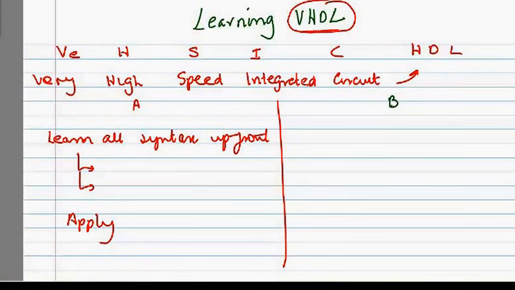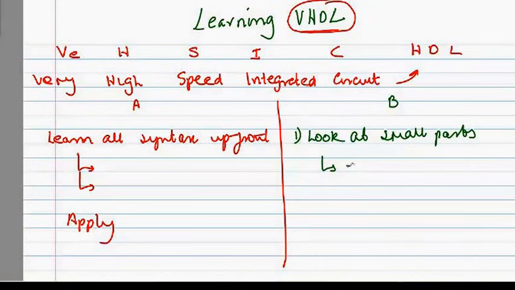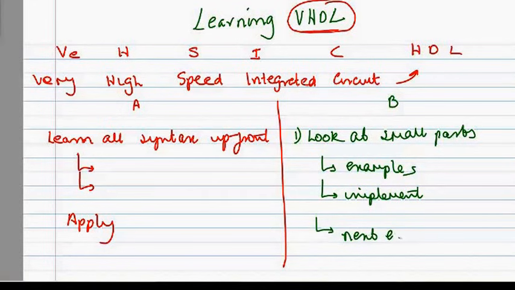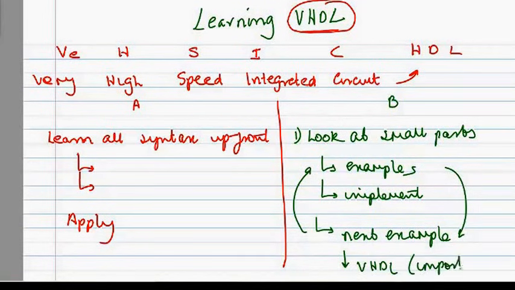Approach B is that we look at small parts of VHDL, look at examples, implement those examples, and then we move on to the next example. So we do this cyclic process, and hopefully we would have learnt the important parts that are needed for you to learn VHDL.